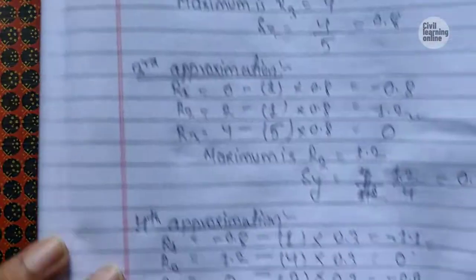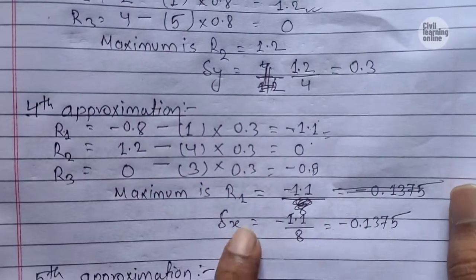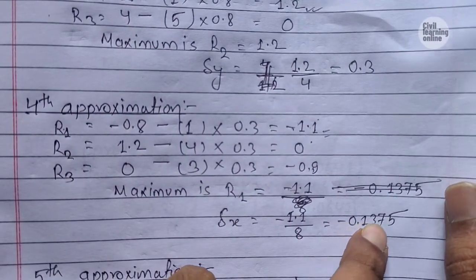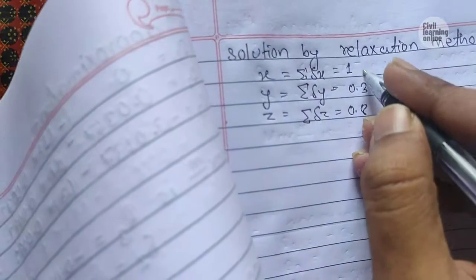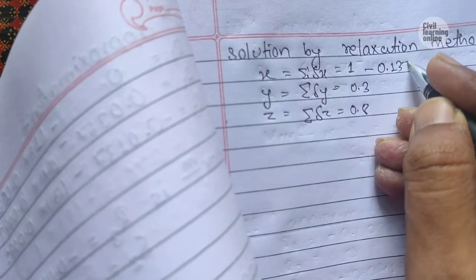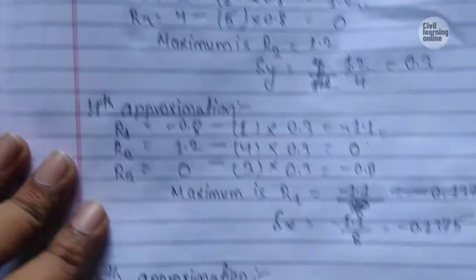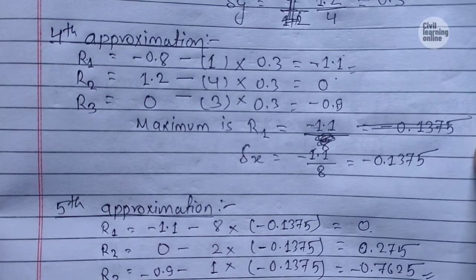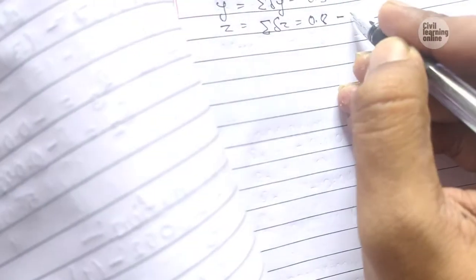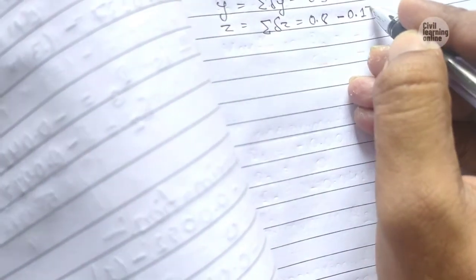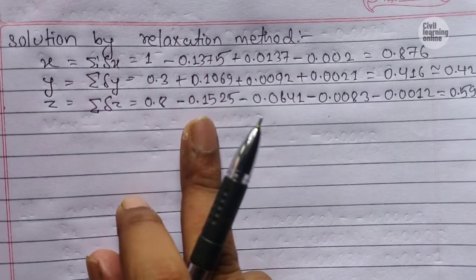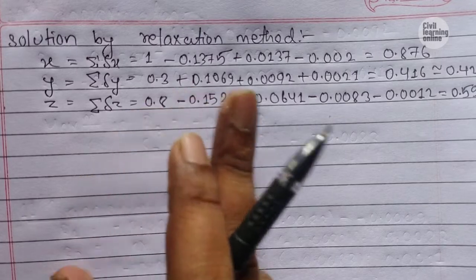Now in fourth approximation we calculated del x as minus 0.1375, so minus 0.1375 and so on. Again we have del z equal to minus 0.1525, so in del z we will write here minus 0.1525. Similarly, these are the values which we get by relaxation method of x, y and z.